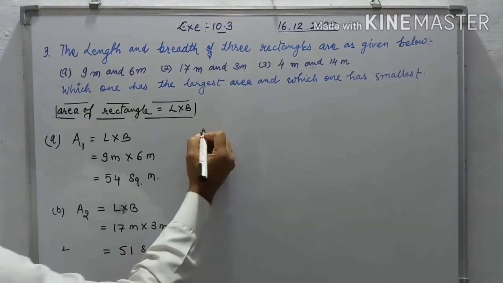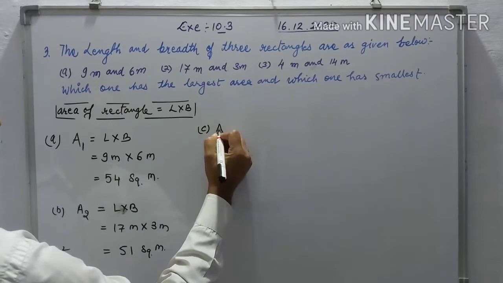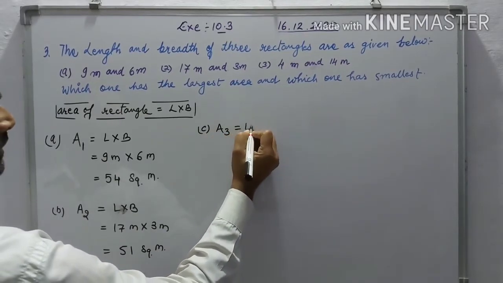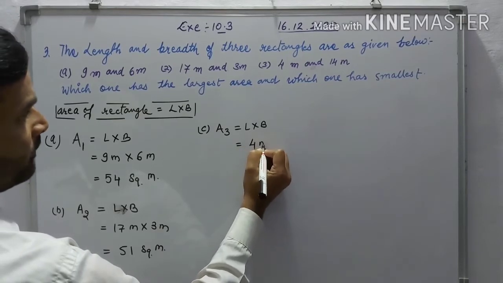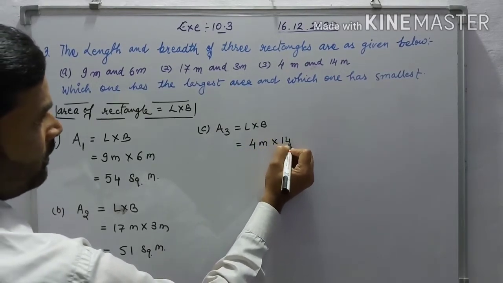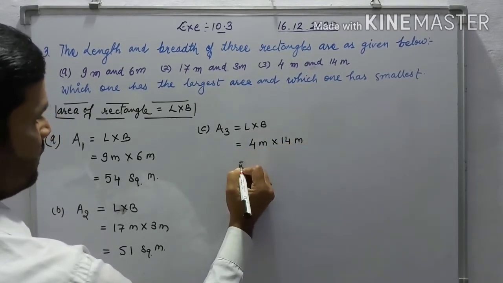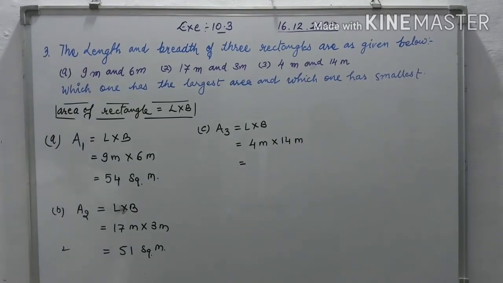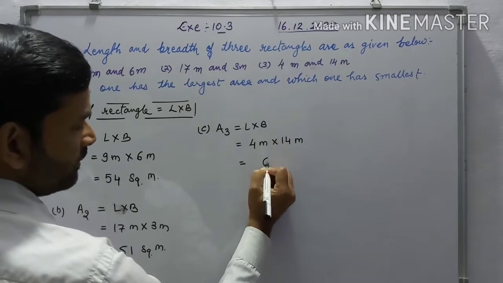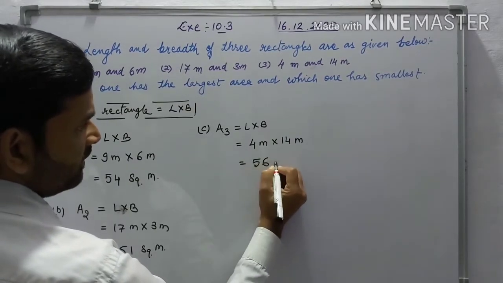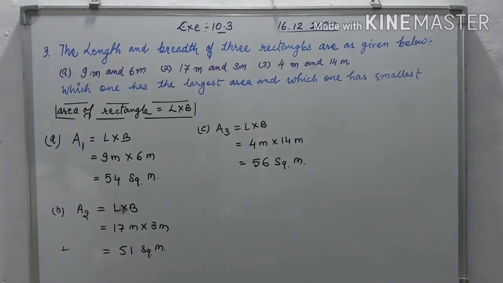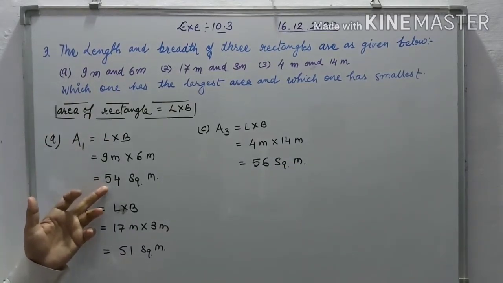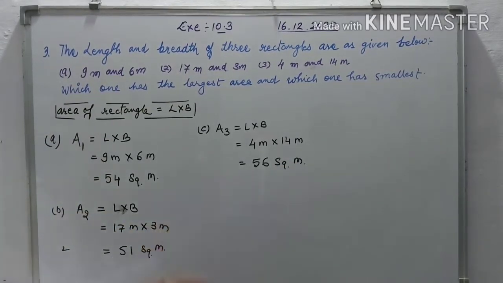Okay, now C is the area A3 is equal to L into B. The length is 4 meter into 14 meter, and 4 multiply 14, 4 4 is 16, and that 56 square meter. Okay, so the first area is 54, second is 51, and third is 56.